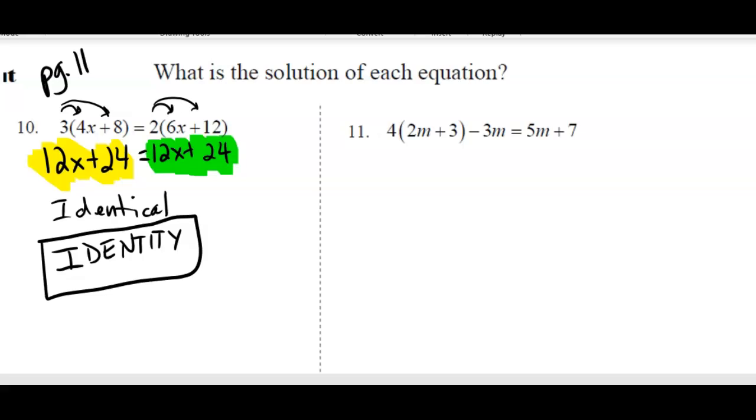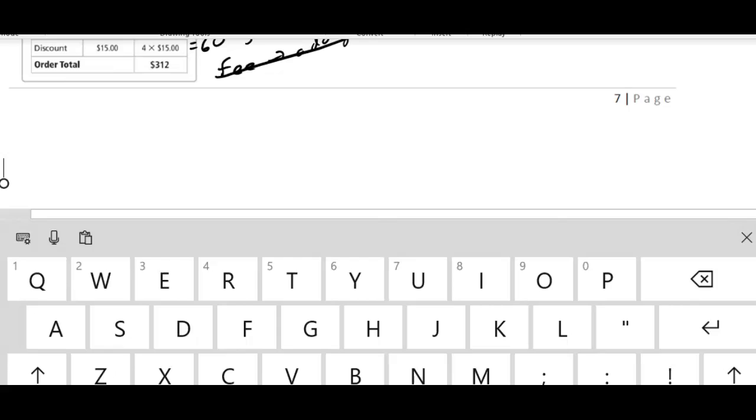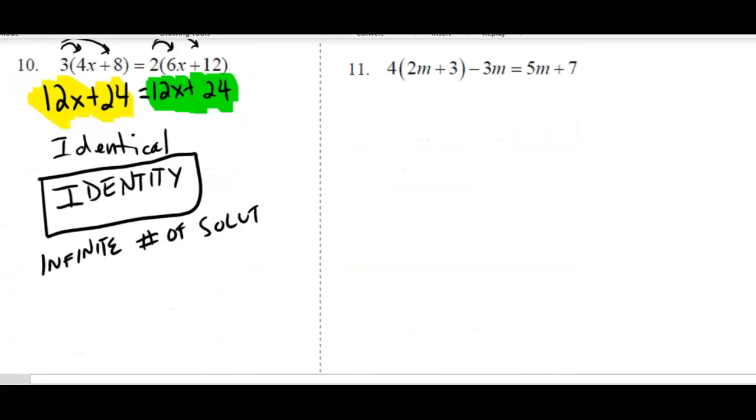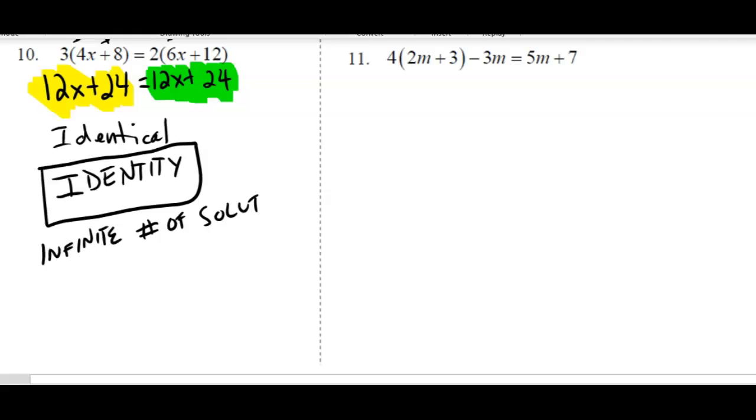What an identity means, and you also see this sometimes, is that it has an infinite number of solutions. An infinite number of solutions.